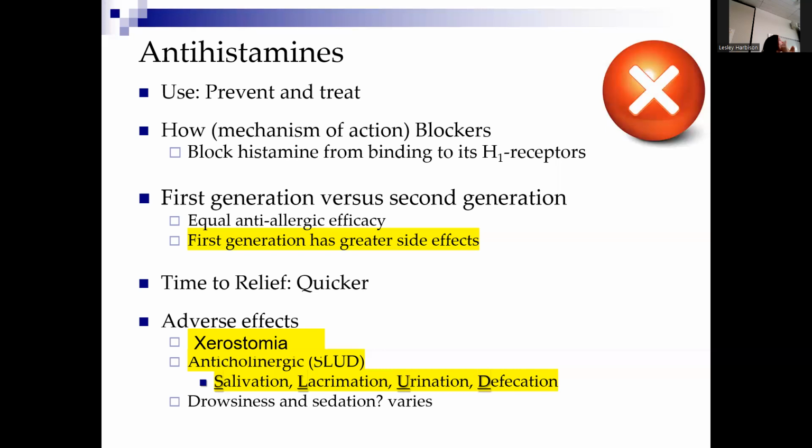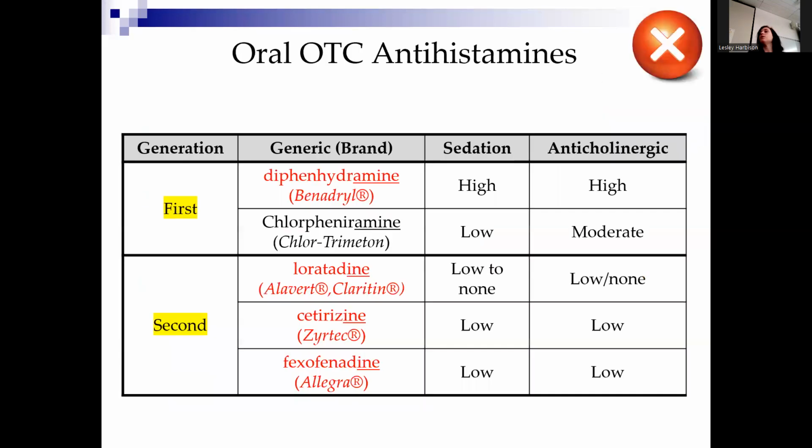If it's anticholinergic, you're not resting and digesting, so you have less saliva, less lacrimation, less urination, defecation. You kind of have to go back to that rest and digest versus fight or flight. That's a very good clarifying question, because that is something you absolutely need to know.